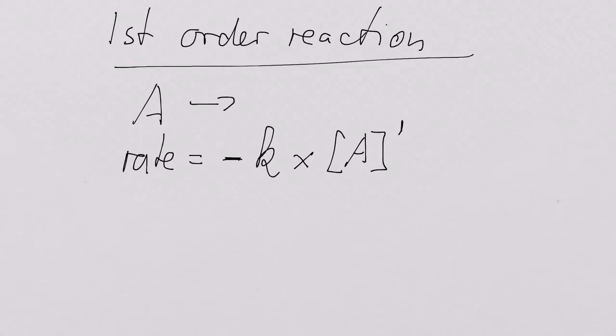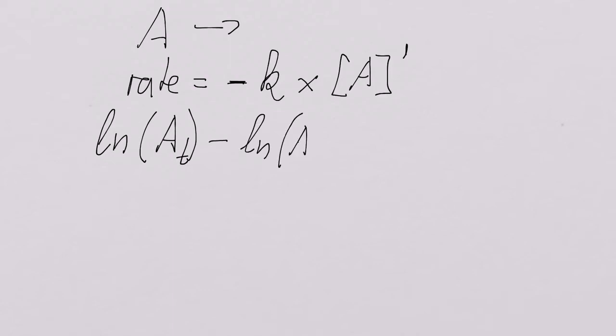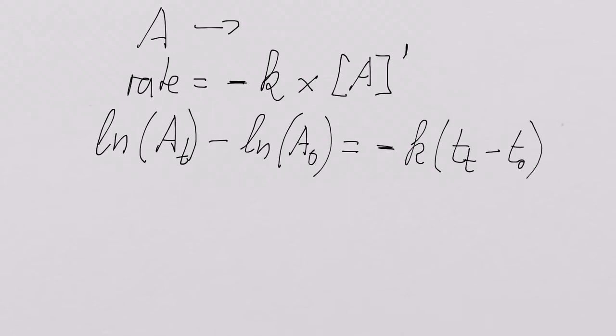And I think I gave you the equation for that, the explicit equation. And the explicit equation for that is ln of A at the time t minus ln of A when we start the observation equals minus k times t, at the time t that we are interested in, minus t0, when we start observing it.